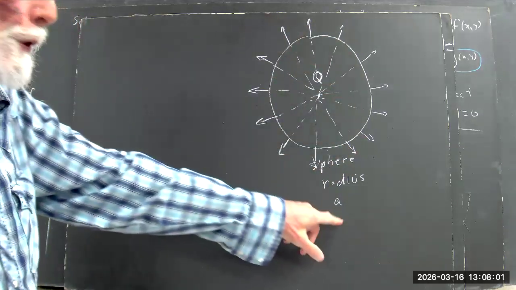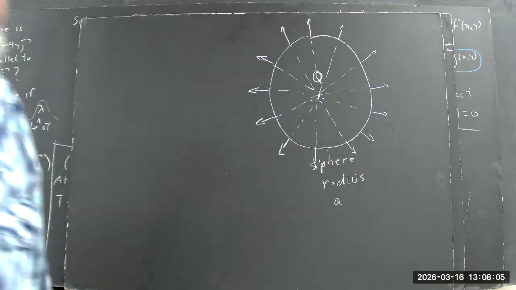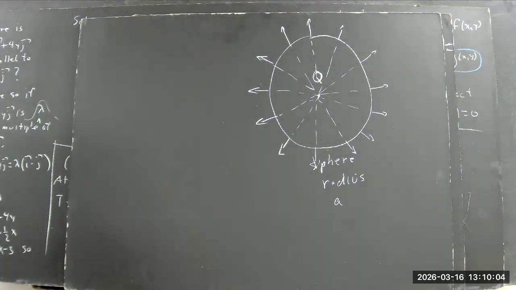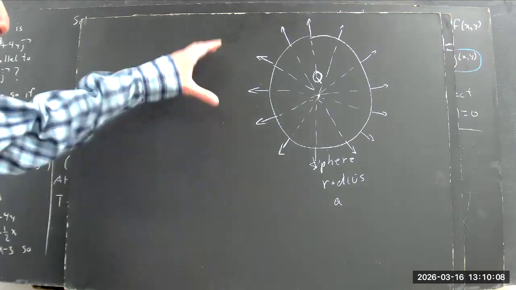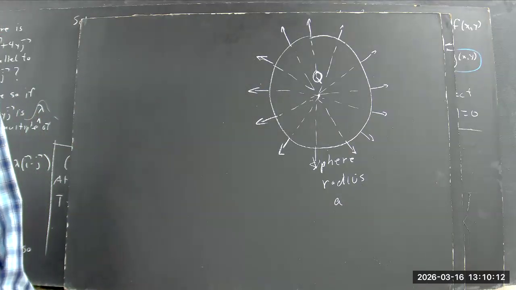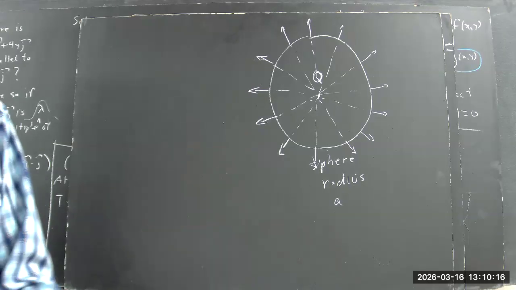If you know the radius, which is A, what's the electric field at distance A? Okay, 75% of the class voted incorrectly on this, but some people had reasons, like maybe there are other charges, maybe there's something else.